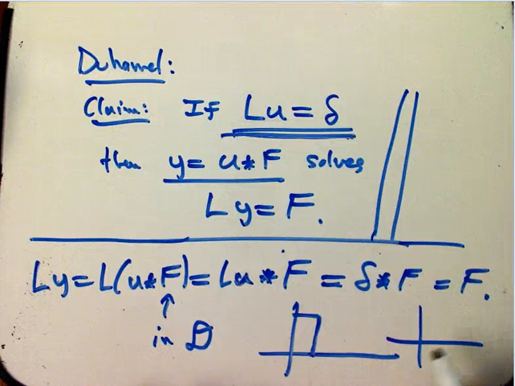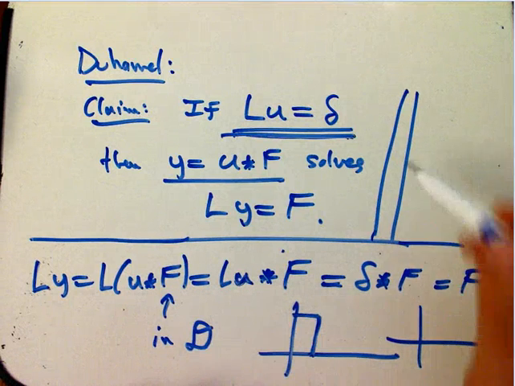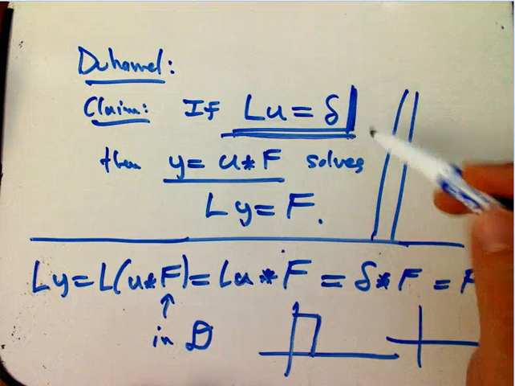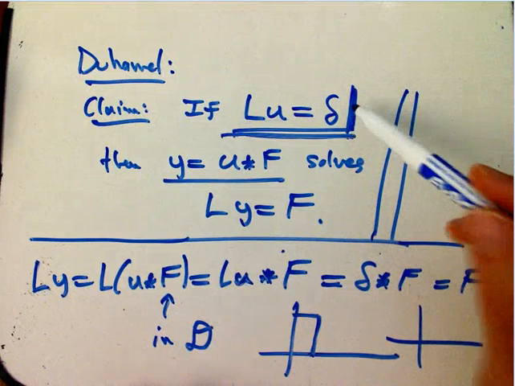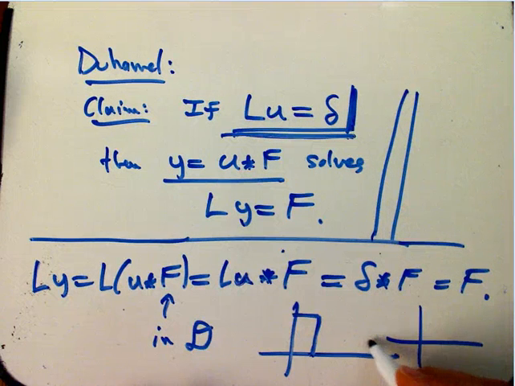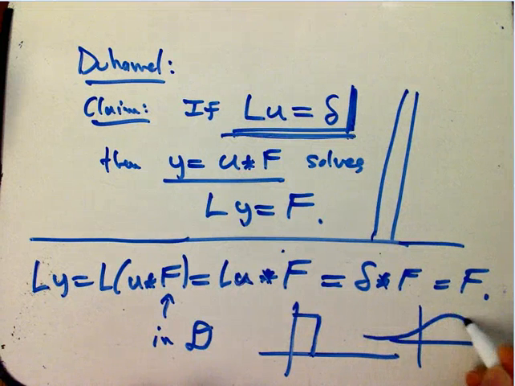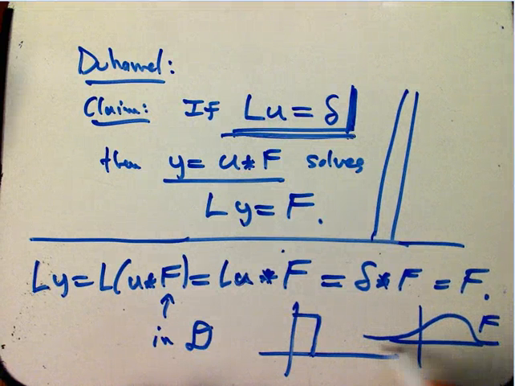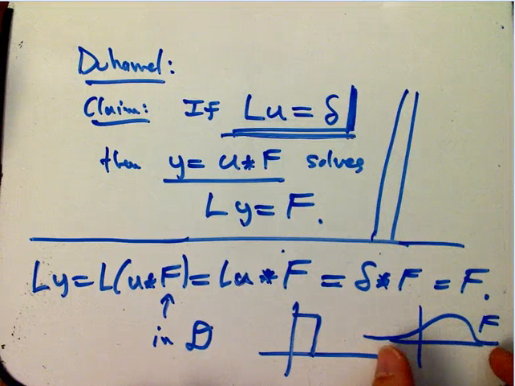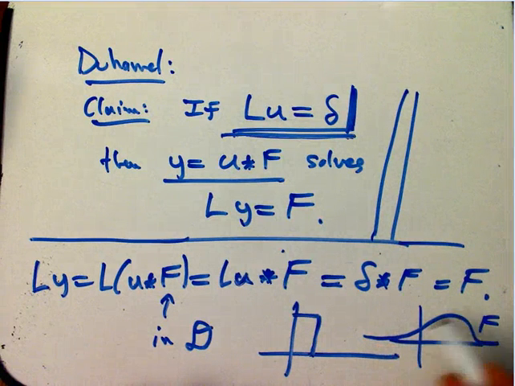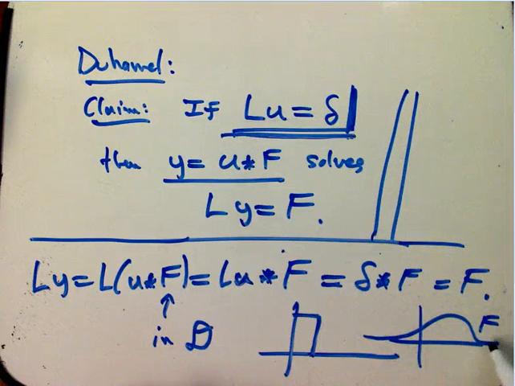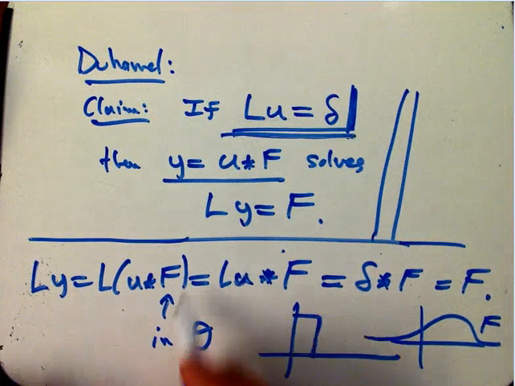All we know how to do, all that Duhamel tells us right now, is that if you solve it for this particular funky gadget, a distribution, a hammer blow, then for some reason we've backed off and said all I know how to do is the response to some really nice limited, compactly supported, and smooth pulse of forcing. But soon we'll be able to generalize this.